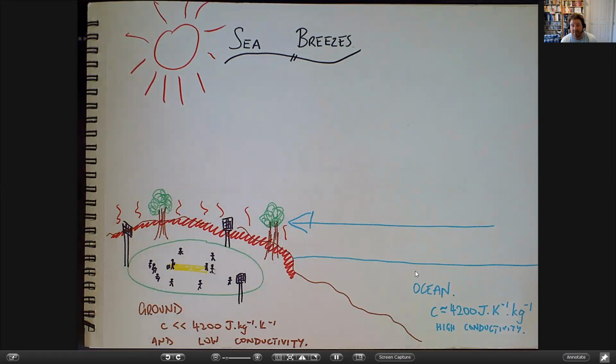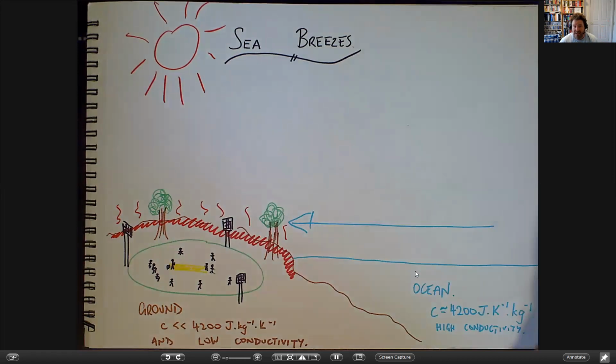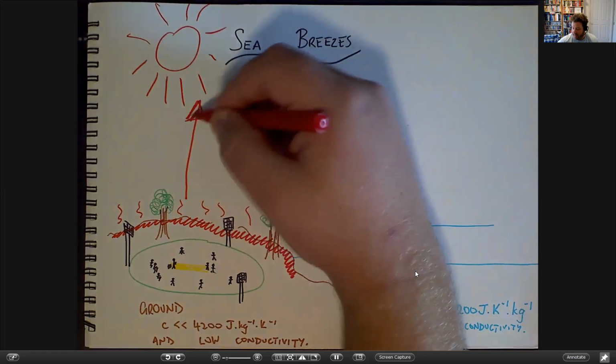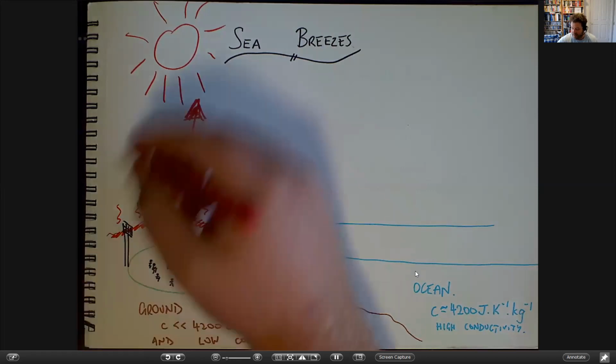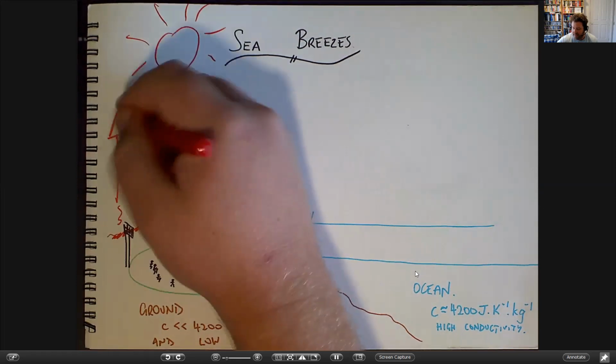And so what happens is, well, that hot air is less dense than the air either side of it, and certainly above it. So that air starts rising upwards. Okay, then what happens? Well, you've got a little gap here where that air's just disappeared from. Let me make it clear that that's happening all across the land.